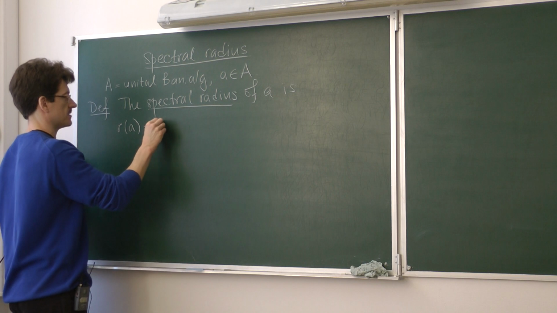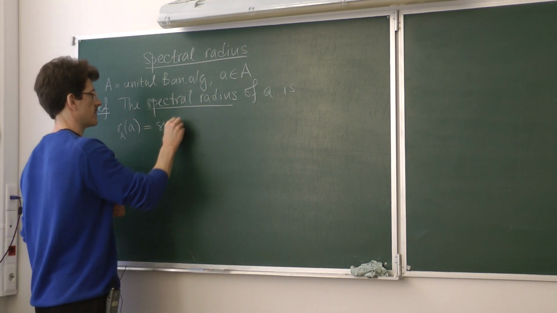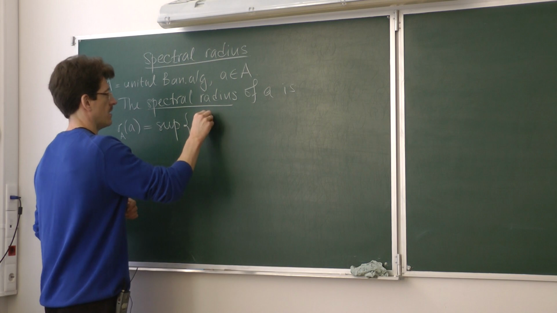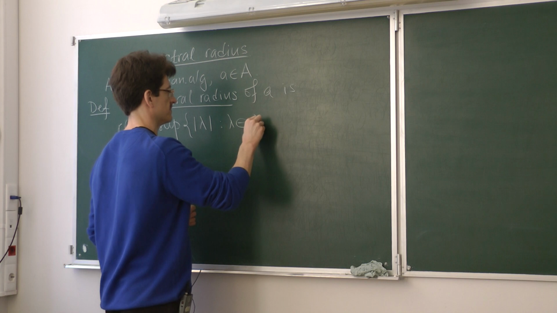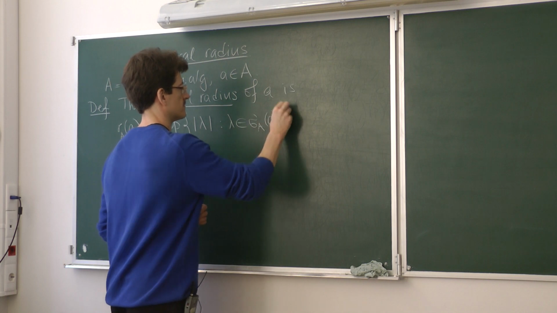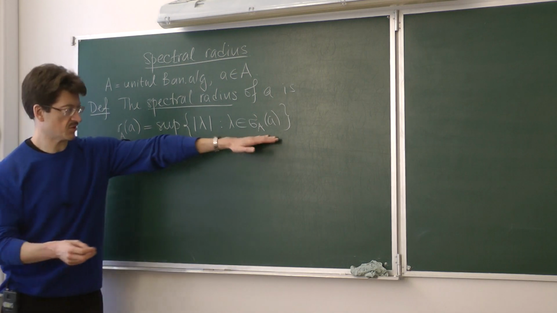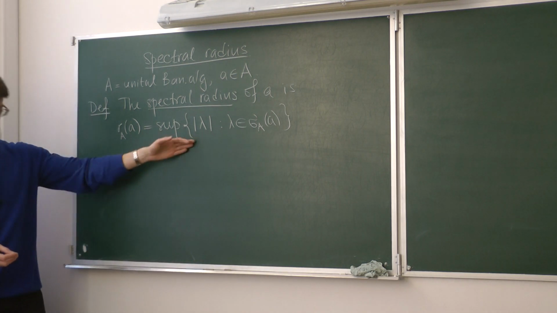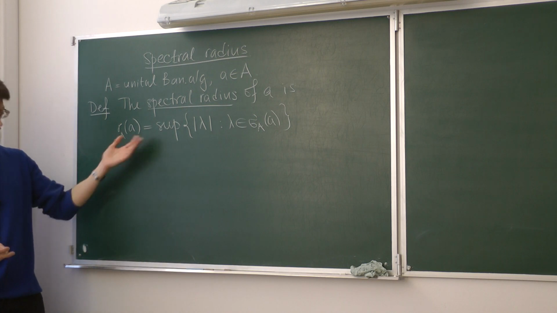R of a, this is the supremum of the absolute values of points in the spectrum. So we know that the spectrum is non-empty, so this is well defined. And also we know that the spectrum is compact, and so this number is finite.